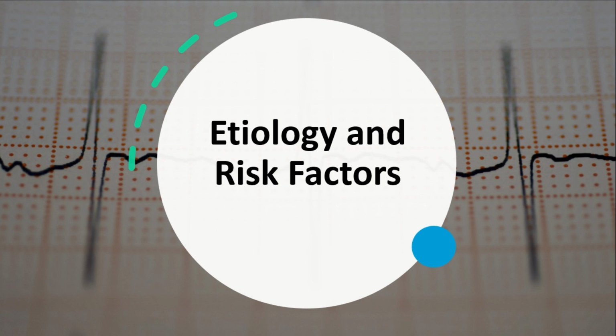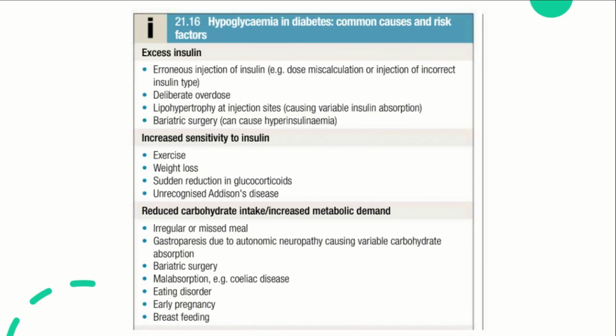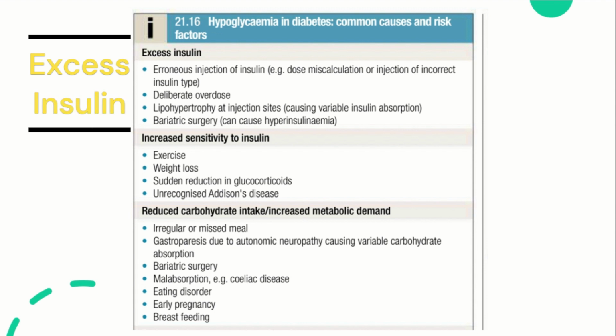Etiology and risk factors of hypoglycemia include the conditions due to excess insulin, such as erroneous injection of insulin, e.g. dose miscalculation or injection of incorrect insulin type, deliberate overdose, lipohypertrophy at injection sites causing variable insulin absorption, and bariatric surgery, which can cause hyperinsulinemia.